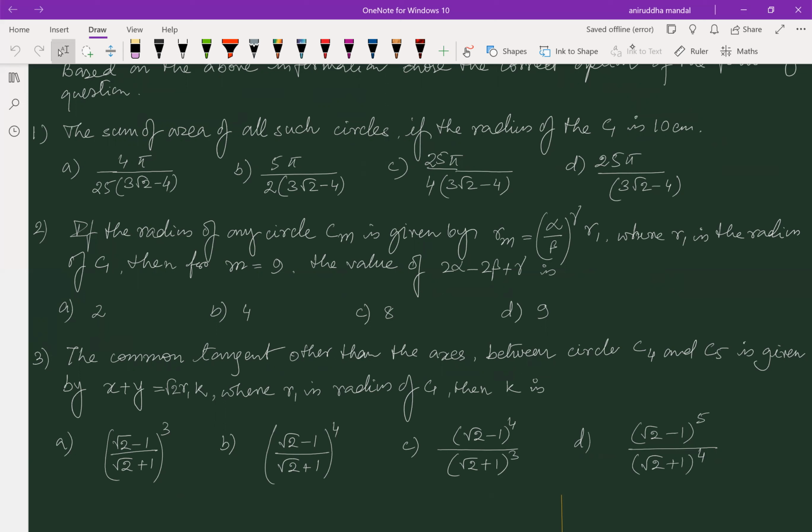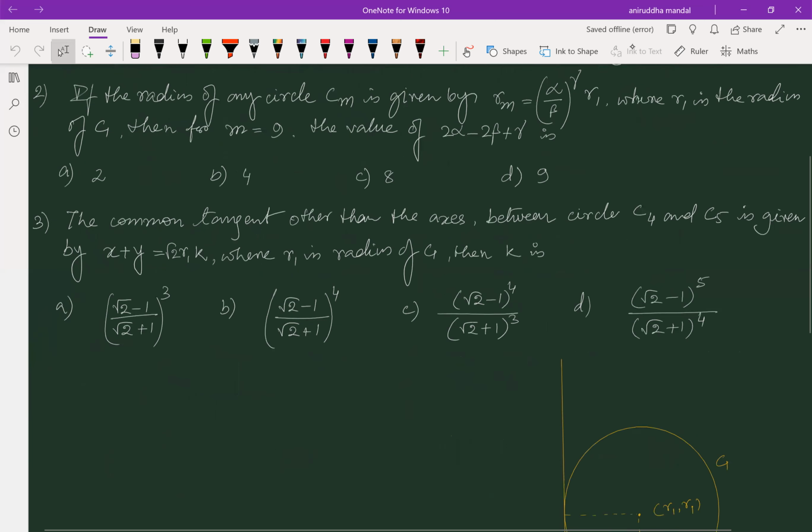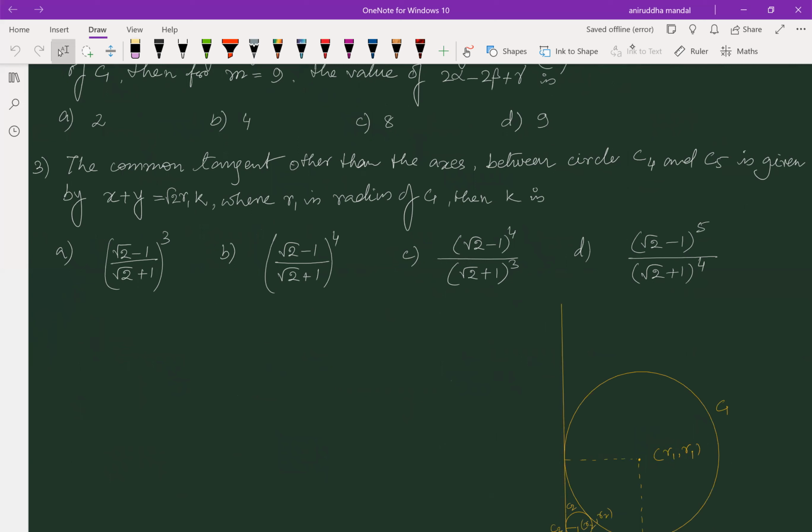For m equal to 9, the value of 2 alpha minus 2 beta plus gamma is. And the last question is the common tangent other than the axes between the circles C4 and C5 is given by x plus y equal to root 2 R1 k, where R1 is the radius of the first circle, and k has four options given.